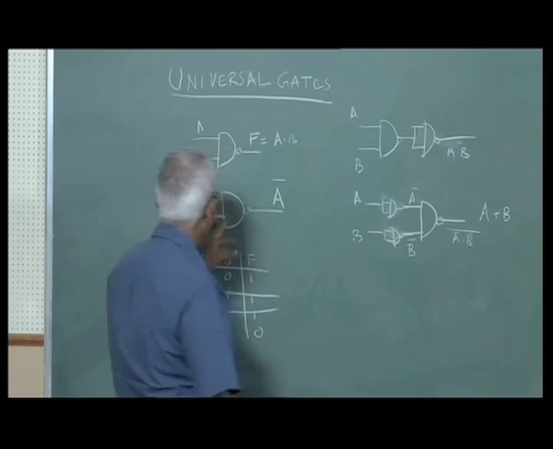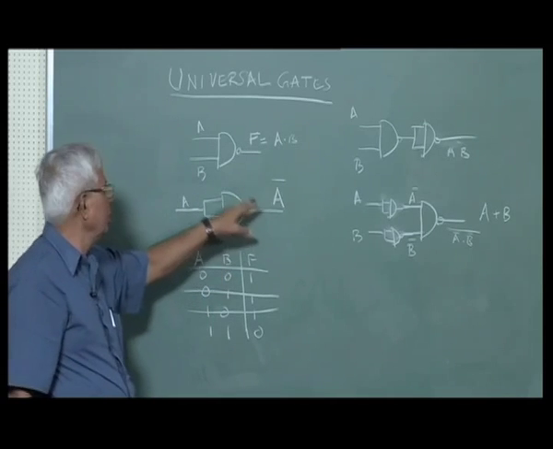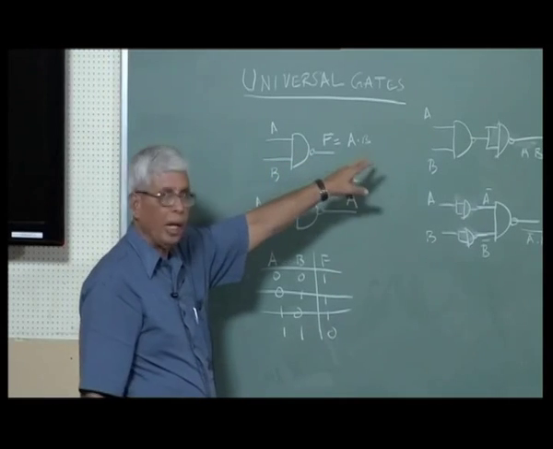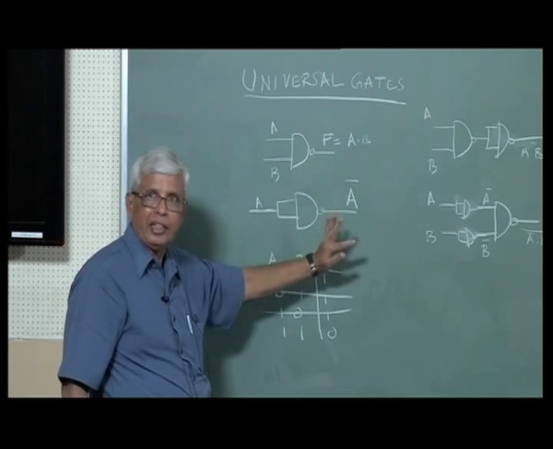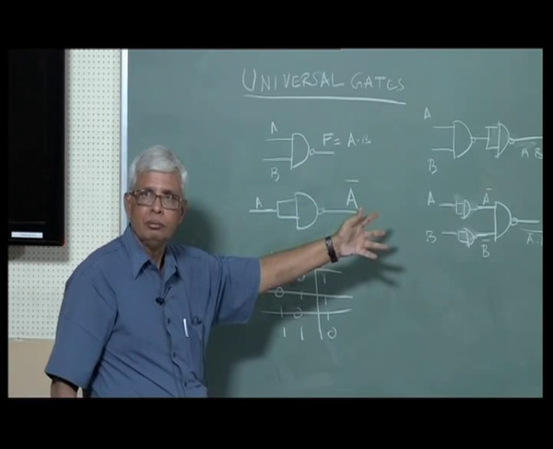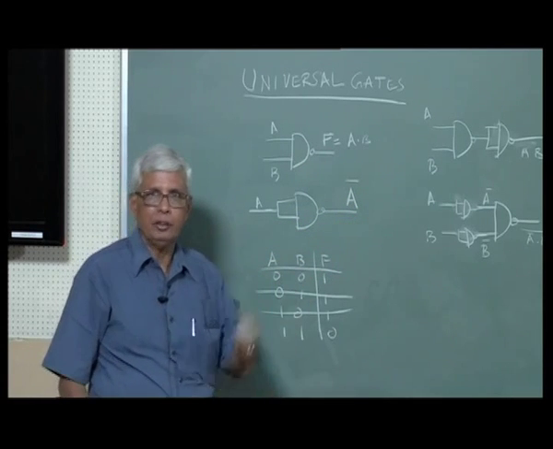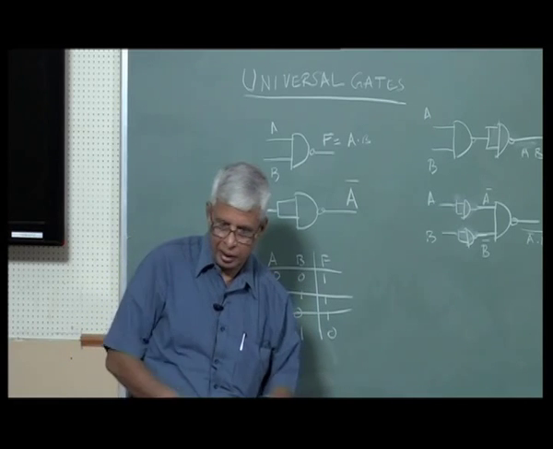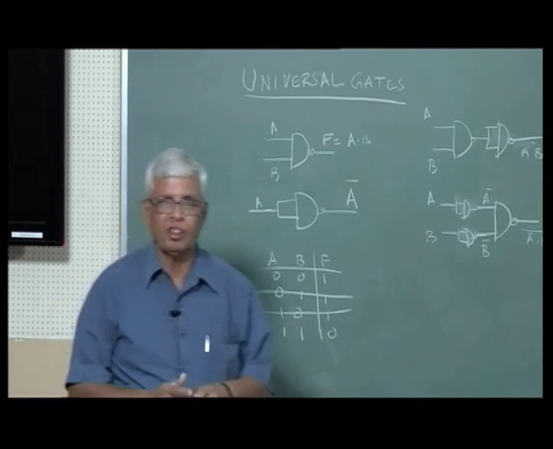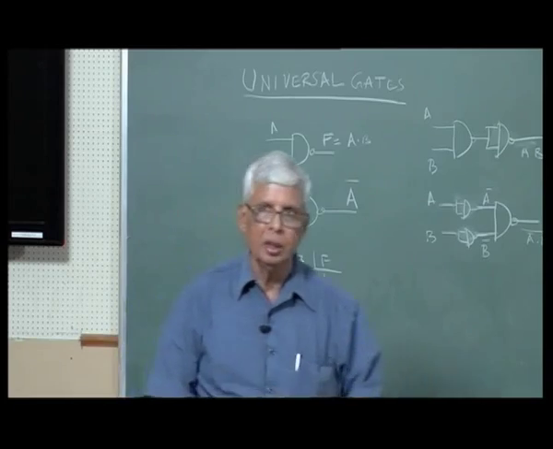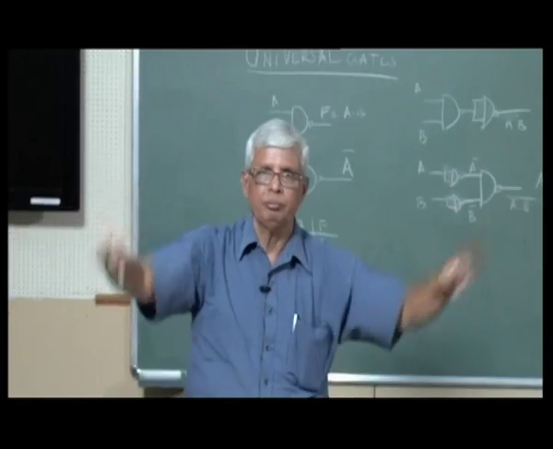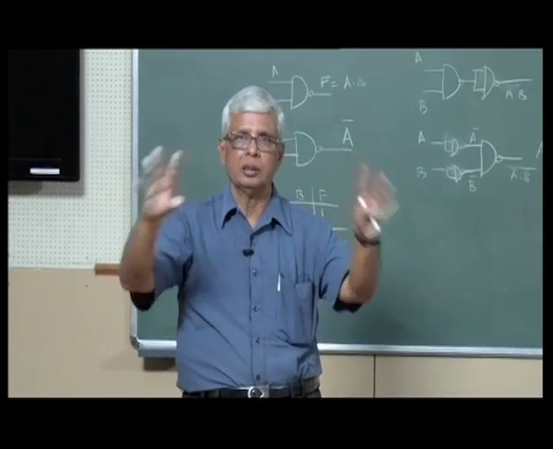So one NAND gate becomes an inverter, two NAND gates become an AND gate, three NAND gates become an OR. I told you AND, OR and inverter are the fundamental gates required for defining and implementing any logic function.